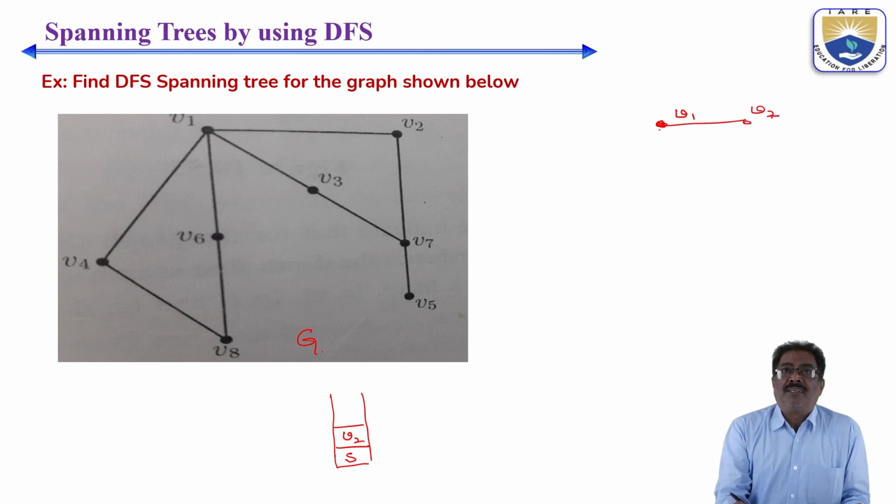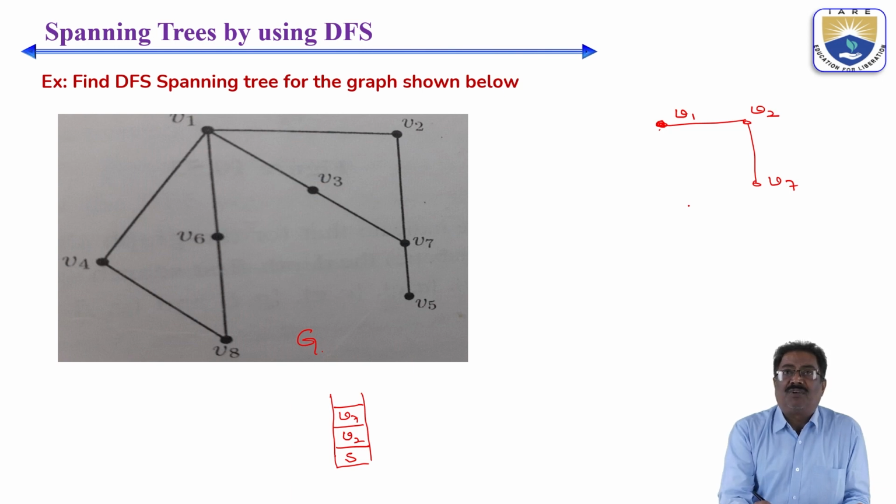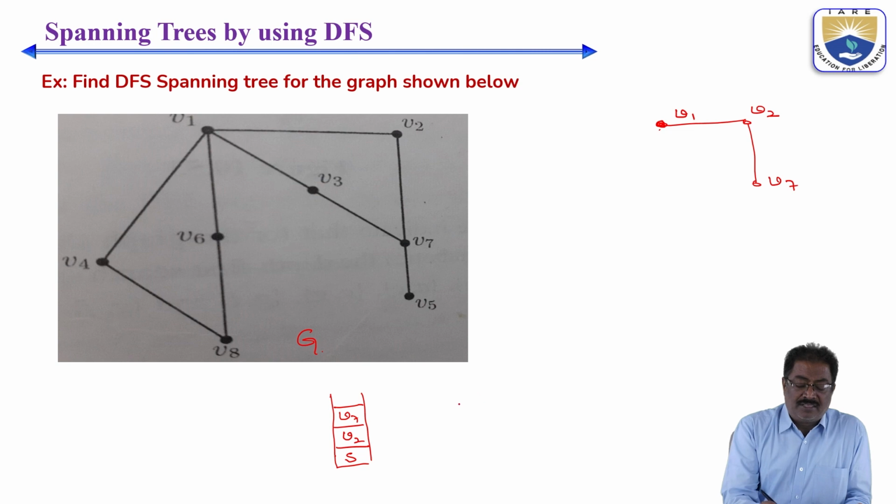After that, the non-visited adjacent vertex is V7, so we move to V7. Then it has two adjacent vertices, one is V3 and another one is V5. Then we can consider V3.